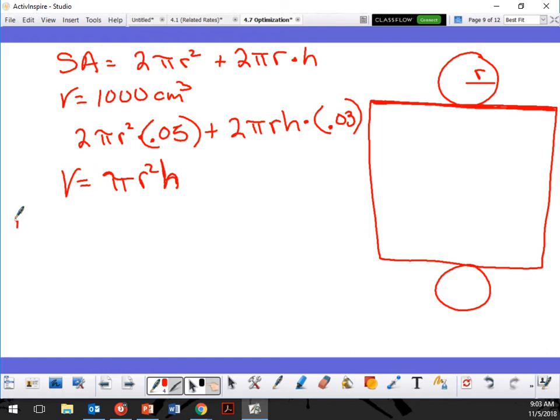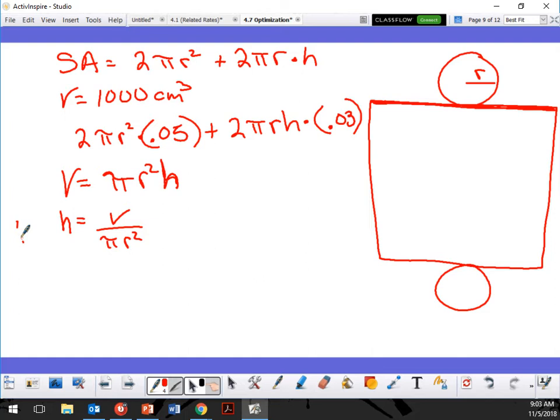It's not going to be the top and bottom. So h should equal V divided by pi r squared. Yes? Okay, that's good. So I could get rid of the h now.